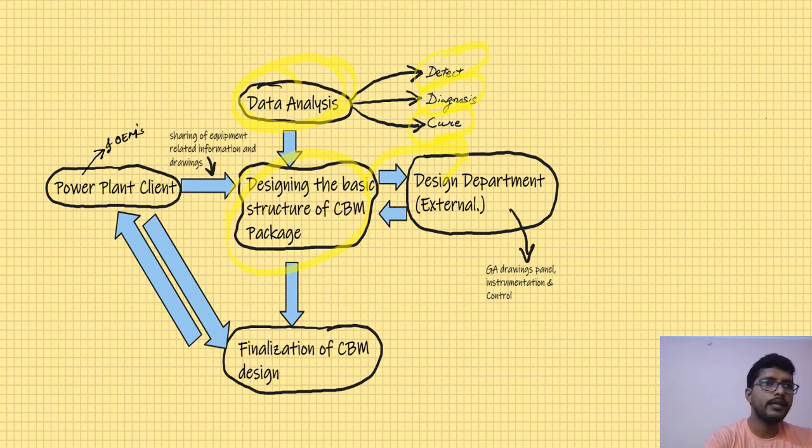The power plant client and the original equipment manufacturer also share drawings and other related information, and they come up with the finalization of the CBM design. The CBM design is handed over to the power plant client and OEM. They give some feedback regarding changes or queries, then there is some mutual exchange of information, and finally the design is here.